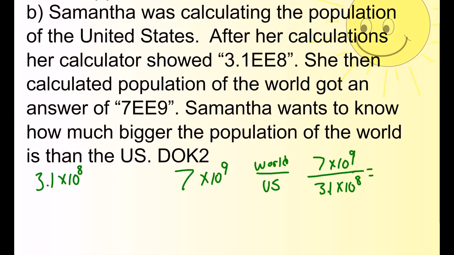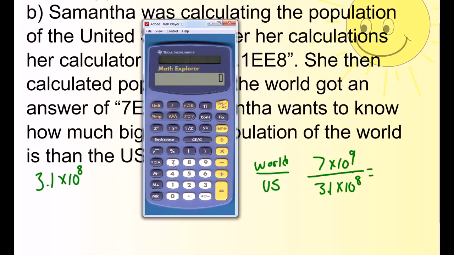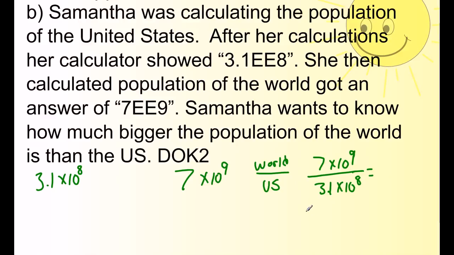So let's see. If I take clear, 7 divided by 3.1 equals 2.36. 2.36 times 10 to the, let's see, this guy comes up top, becomes 10 to the negative 8. I add the exponents, gives me 10 to the first power.